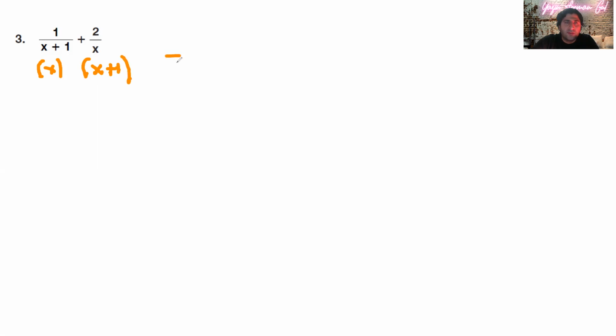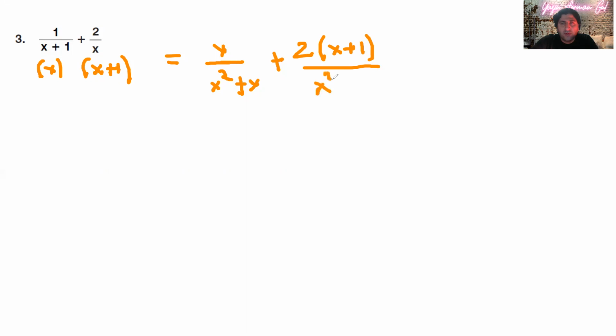So that equals x times 1 will be x over x plus x times x will be x squared plus x, plus 2 times x plus 1 over, again, x times x will be x squared, because the denominator must be the same now, plus x.